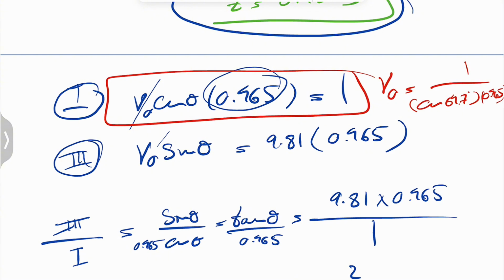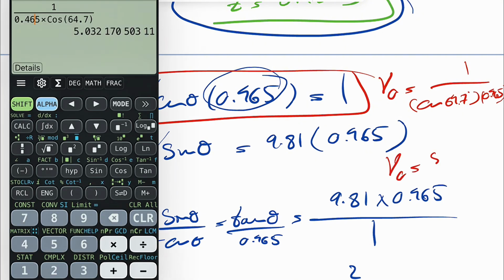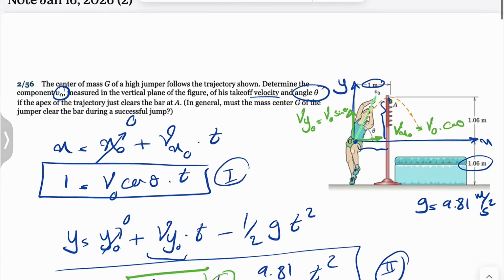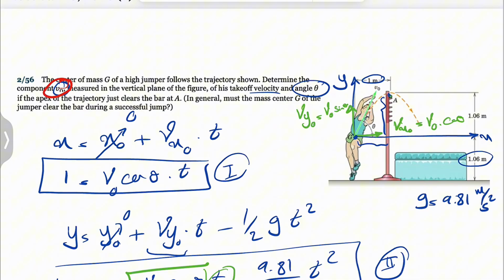Let's see what we get. The initial velocity is going to be 5.03 meters per second. And that's the two unknowns the question was asking for: V0, the velocity, and also the angle theta.